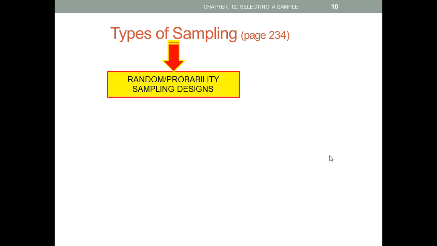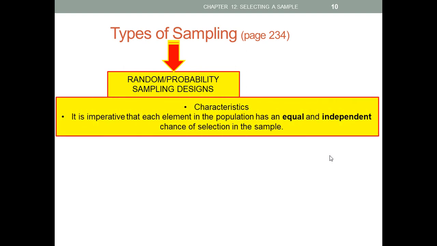This kind of design is critical, very essential in any quantitative study. So what do we mean by probability sampling designs or random sampling designs?